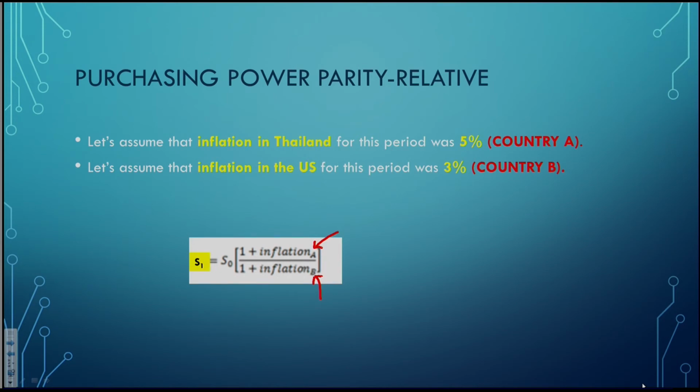Okay? So, inflation in Thailand is 5%, they're country A. Inflation in the US is 3%, and they're country B.